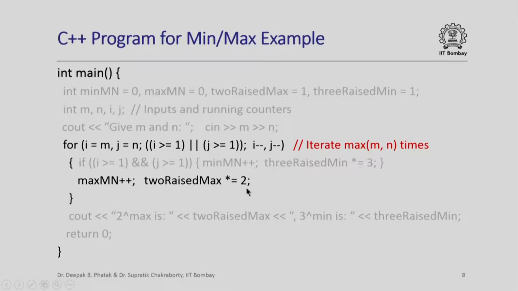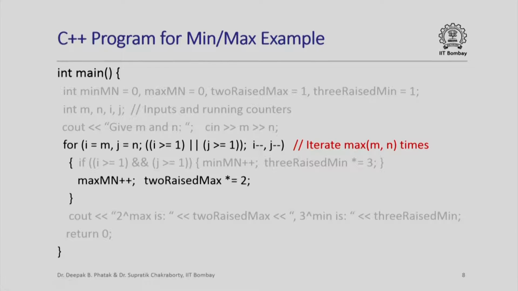Recall that this is one of those assignment operators, and the effect of executing this statement using this assignment operator is that 2 raised to max is multiplied by 2, and that same value is assigned to 2 raised to max again. So if this loop is executed max(m,n) times, then 2 raised to max will have the value 2 raised to the power of max(m,n), exactly what we want.